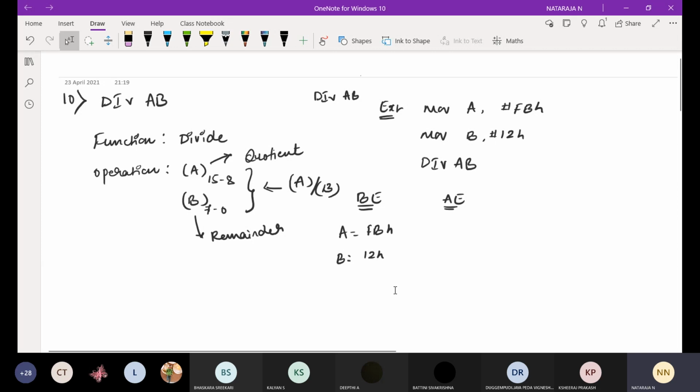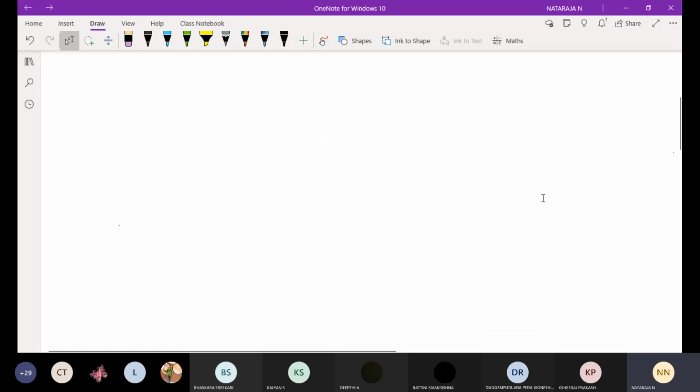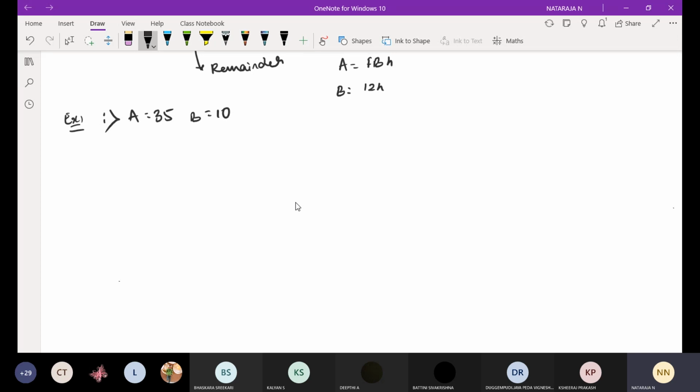Okay, no problem. Take the A value and B value. You can divide, and whatever output you get, write it in the after execution. Like that, I will give some examples. You can try it. You can write the before execution and after execution output.